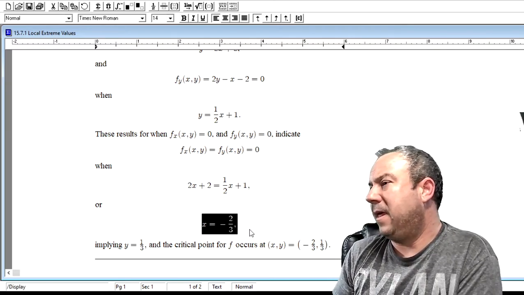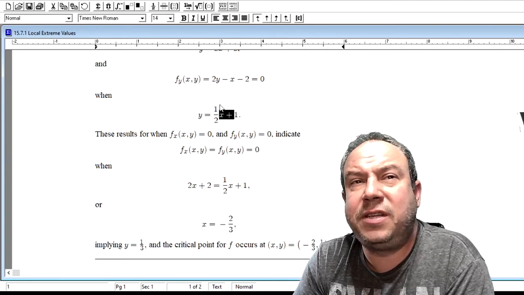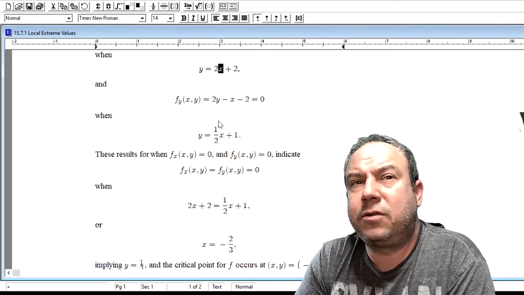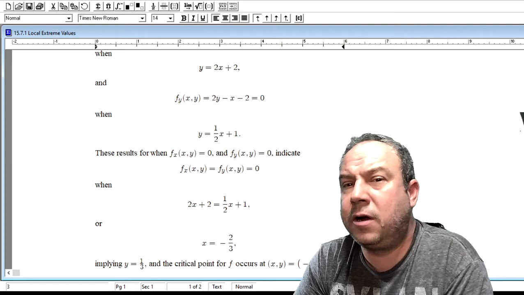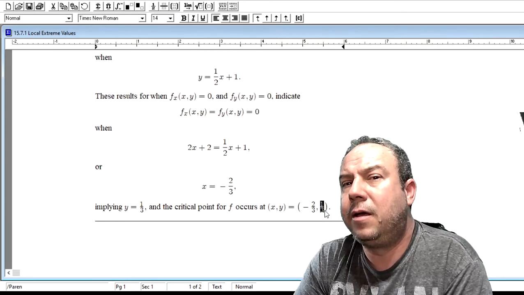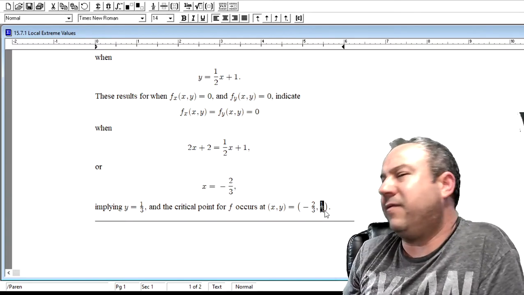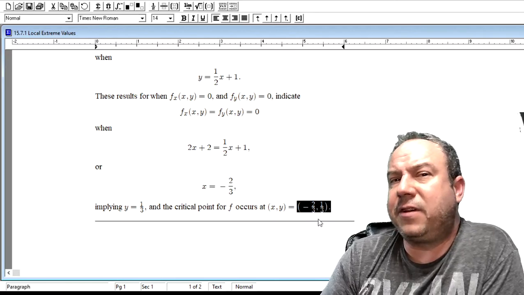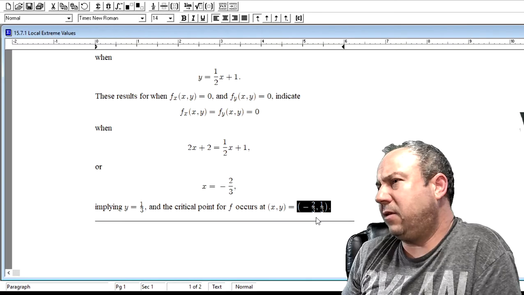And if we substitute negative 2/3 into either of these two equations for y, in either case you will obtain the y coordinate of the critical point, which is 1/3. Thus, our critical point on this surface f occurs at negative 2/3, 1/3.